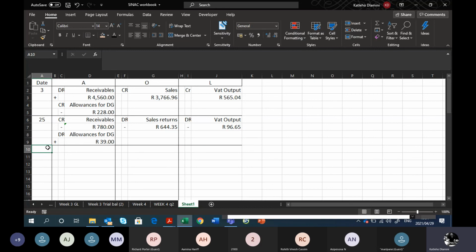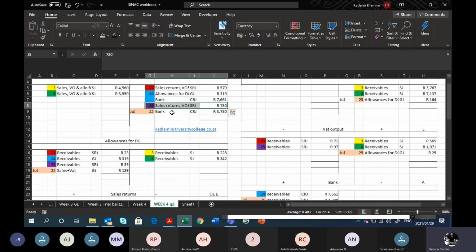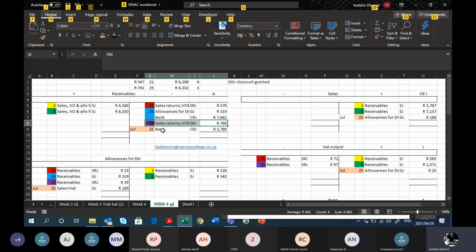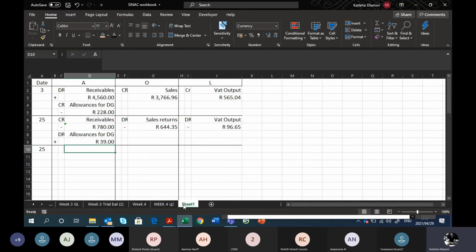Then the next one is the payment, right? So when this person paid us, let's see. So if you look at your bank, when this person paid us on the 25th, you have that 37,000 there. Receivables is credited and your bank is obviously debited. Okay, so receivables, one more time.